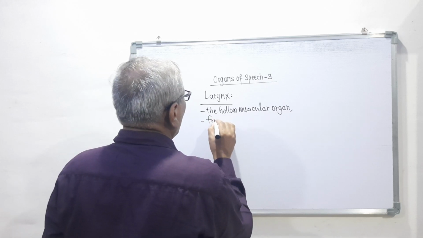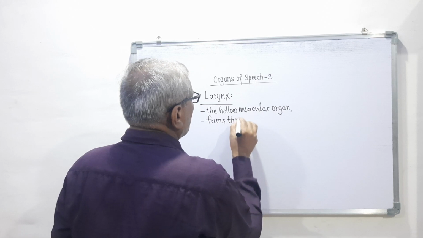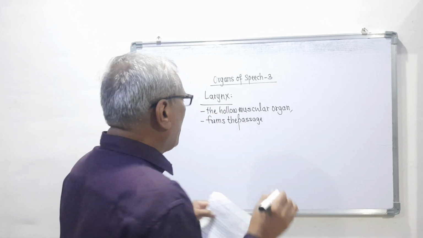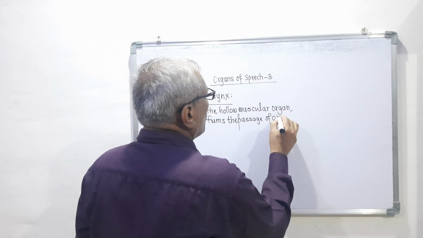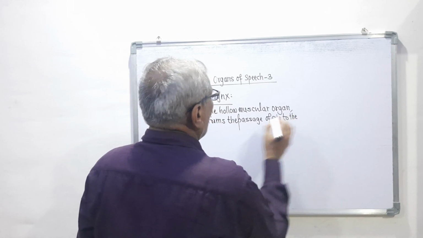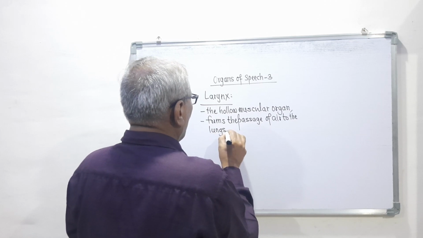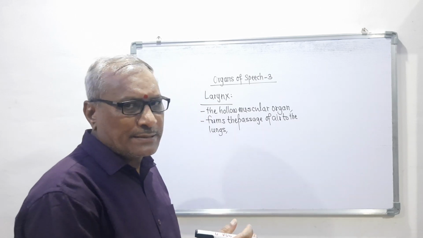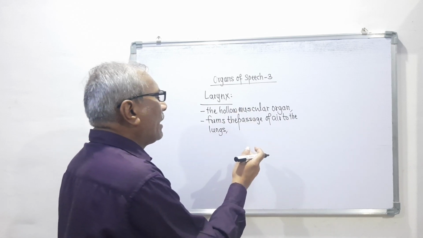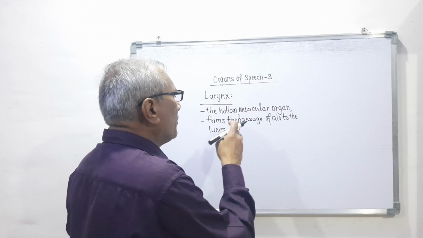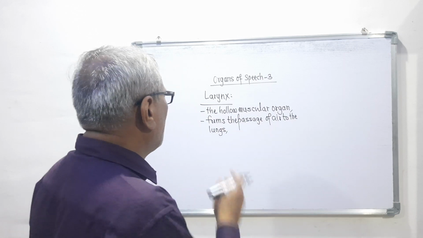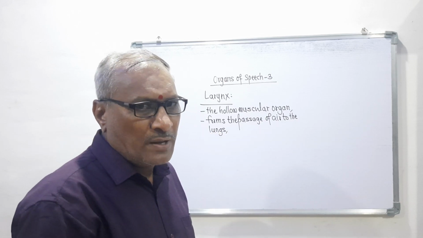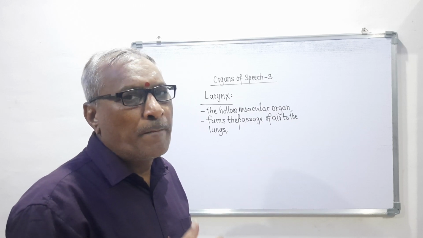It means that this larynx builds the passage, the way of air, means the air passage is made by this larynx to the lungs, and that passage goes to the lungs, means up to the lungs it makes the passage.